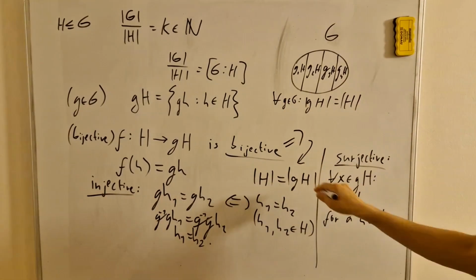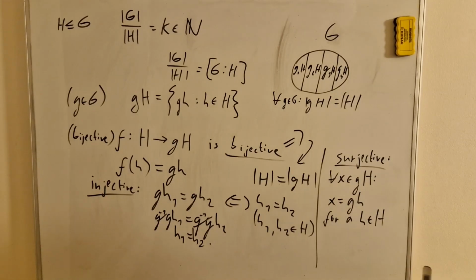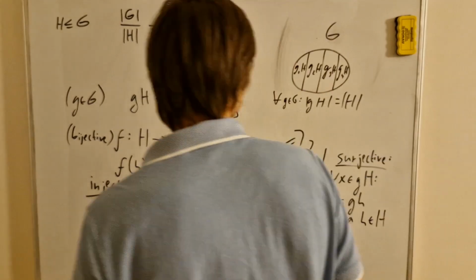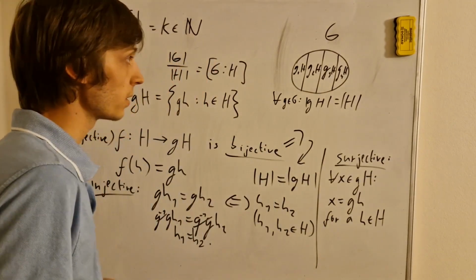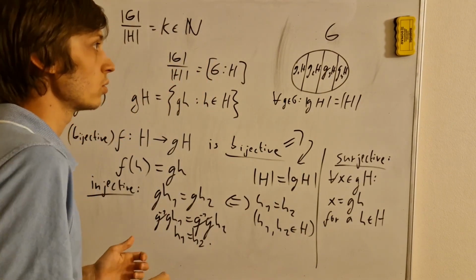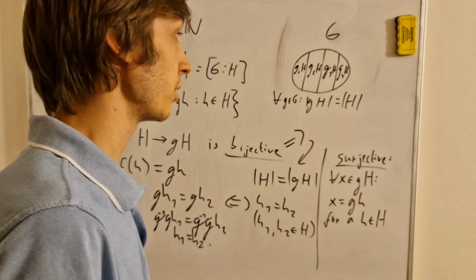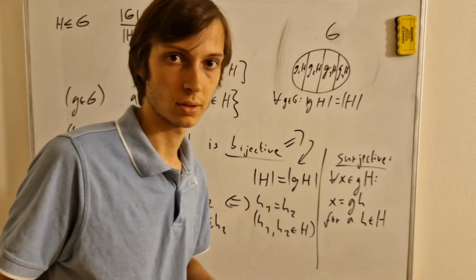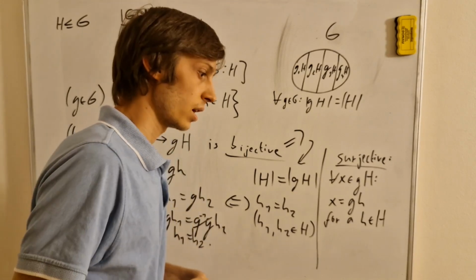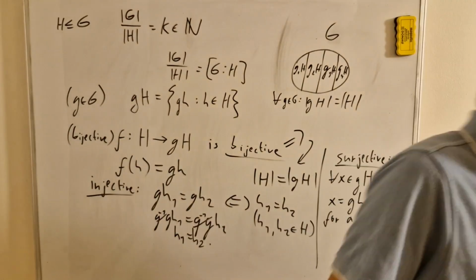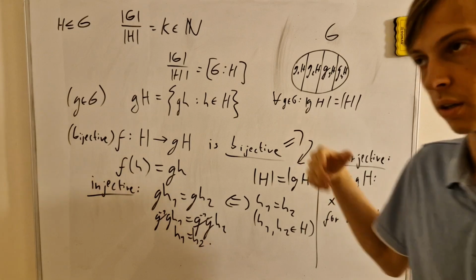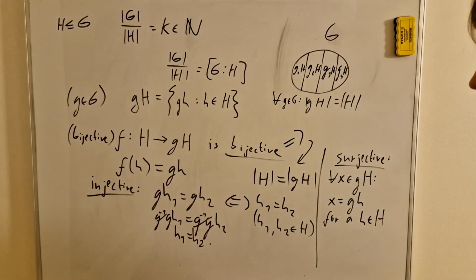We already have this from before. And for that reason, the group is separated into subsets that are equal in order and that are equal to the order of the subgroup. So the subgroup's order has to divide the order of the group G whose subgroup it is, and that's the idea here.